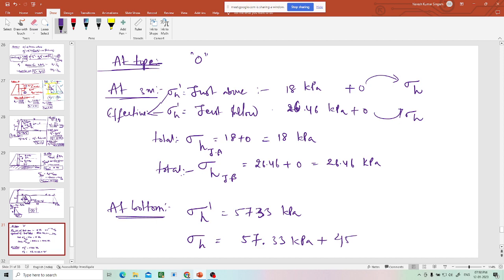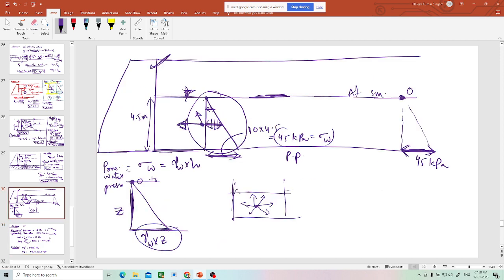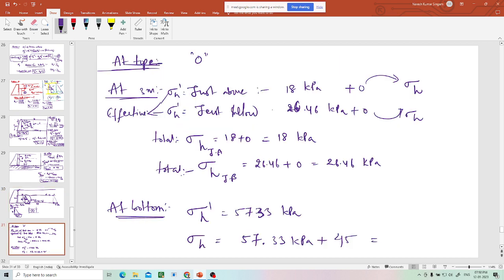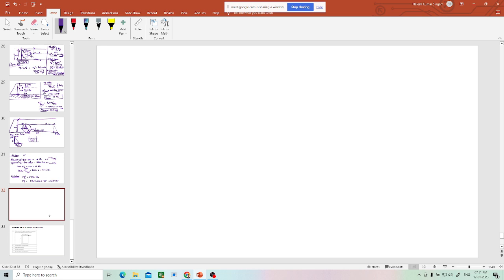How much is the value now? 57.33 plus 45 is 102.3 kPa. So you know the values at every depth, and in between it is linearly varying because it is just a constant multiplied by that. So how can I draw the diagram? I'll just draw the diagram.